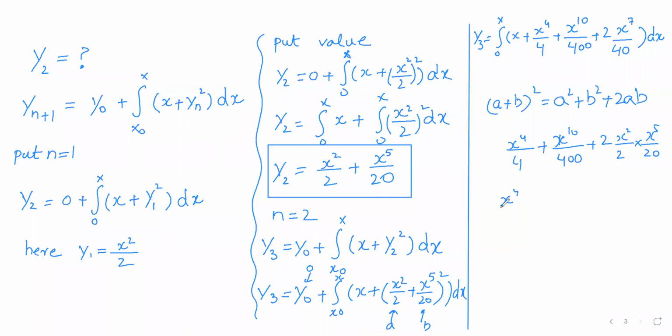So x4 by 4 plus x10 by 400 plus 2 is cancelled with this one.